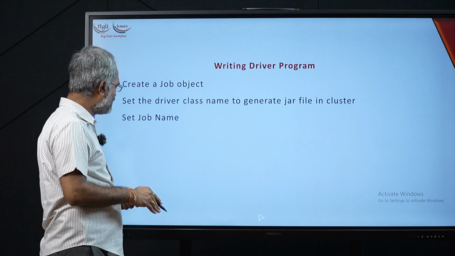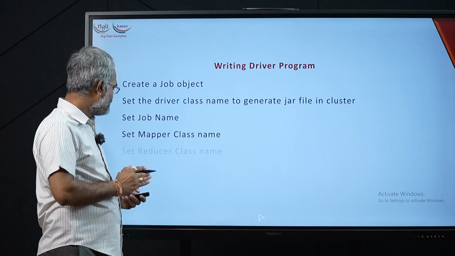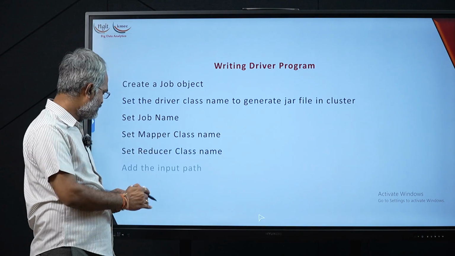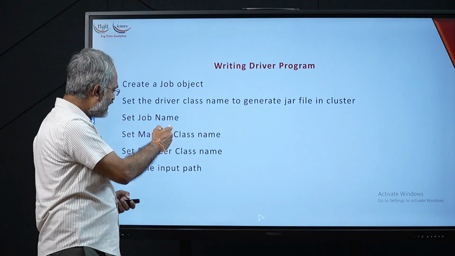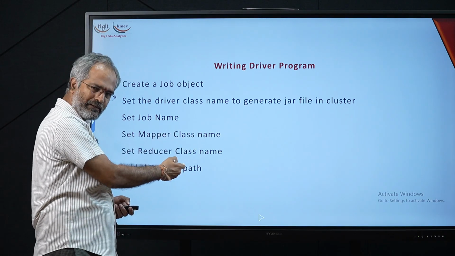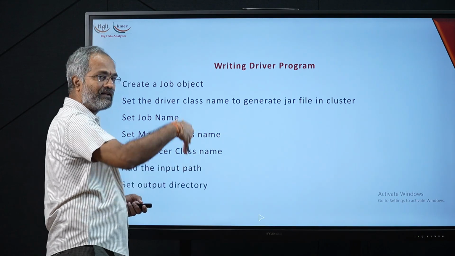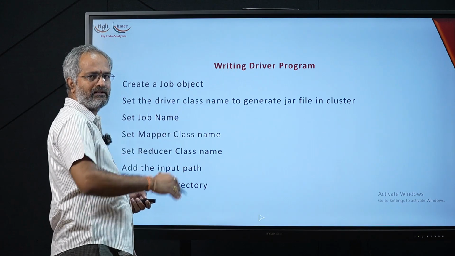And then set the job name, set the mapper class name, what is the mapper for this, and then set the reducer class name, what is the reducer for this application, and then add the input path. Which file has the input for the mapper, that we have to mention. And we have to set the output directory, where this application has to write the output.